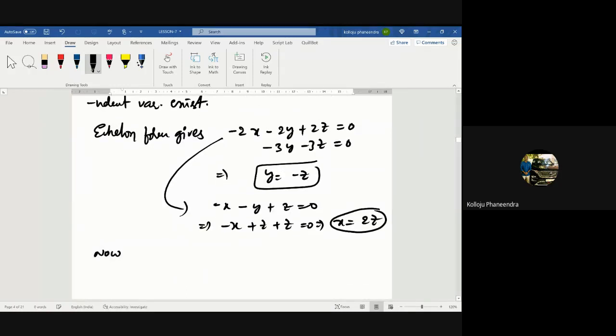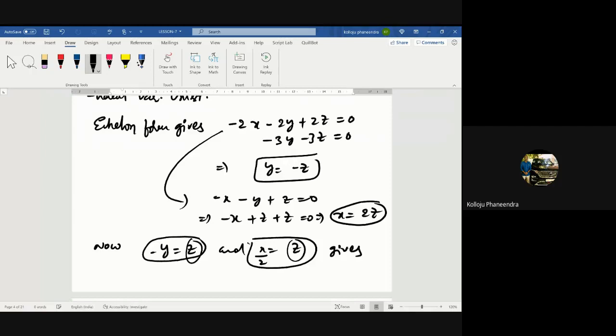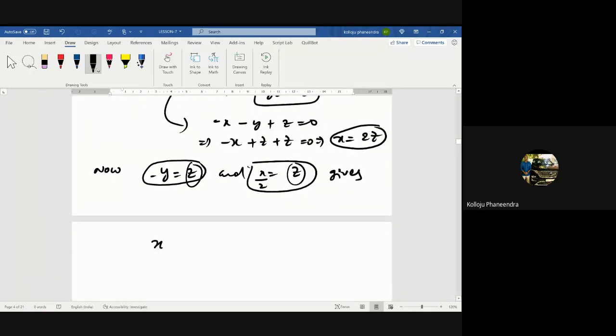Now let me combine these two. Y equal to minus z, and x equal to 2z. No, not x equal to z. I will write for z: x by 2 equal to z. Then this becomes x by 2, y by minus 1, z by 1.